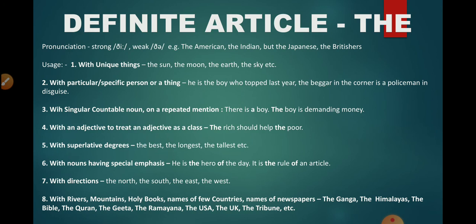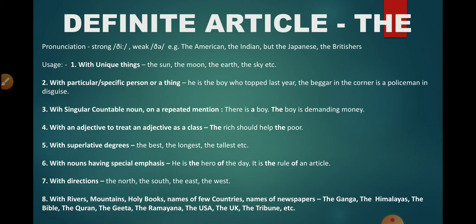Before we move to the uses of the definite article and its rules, let's first talk of its pronunciation. There are two pronunciations of the definite article, the. Strong form is thee and weak form is thuh. Both pronunciations are correct but have certain rules about which one we use in which conditions.